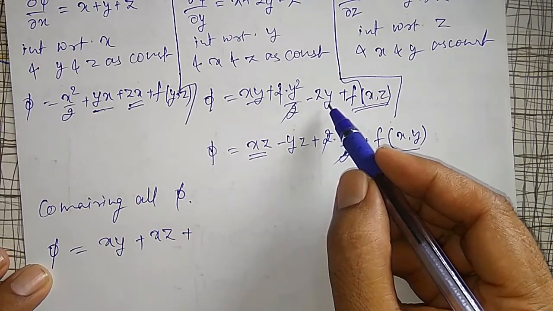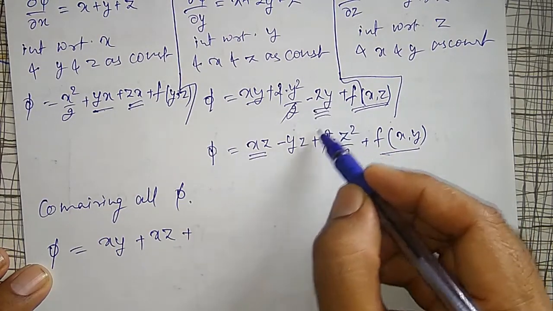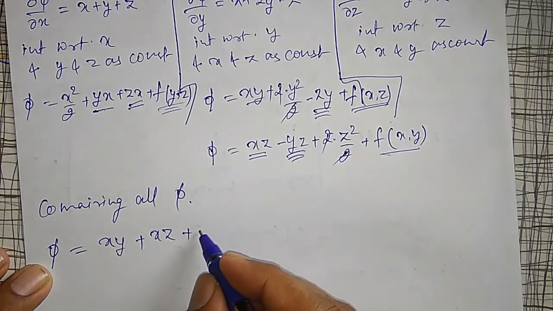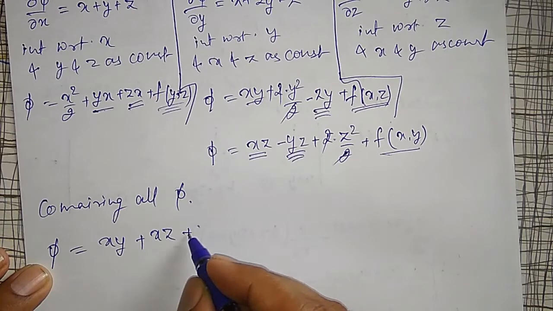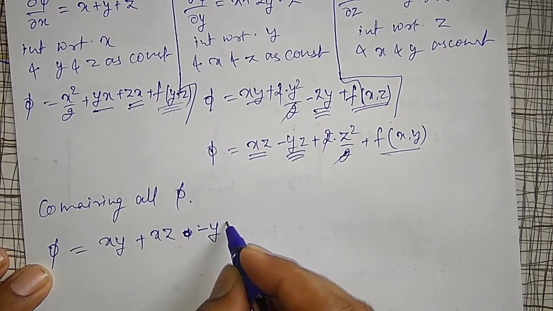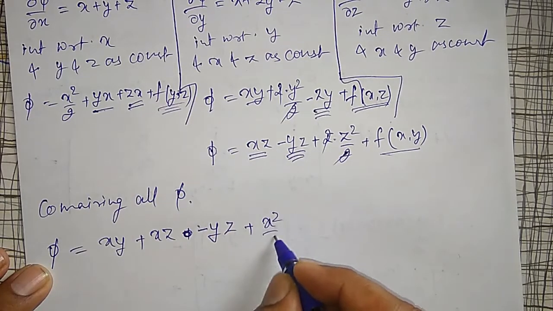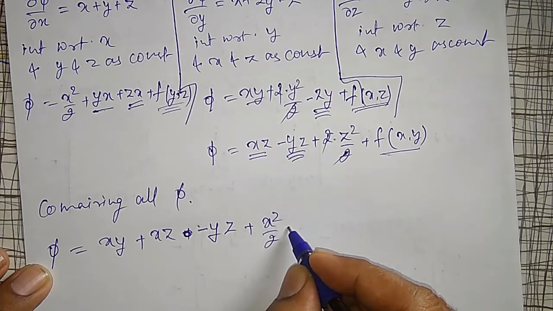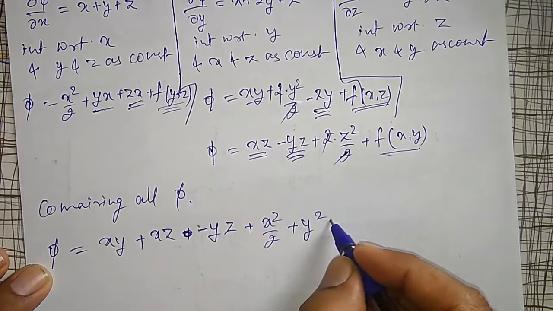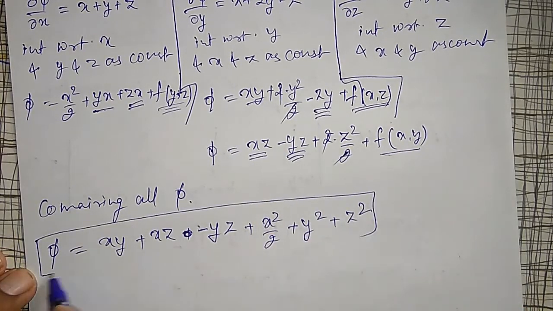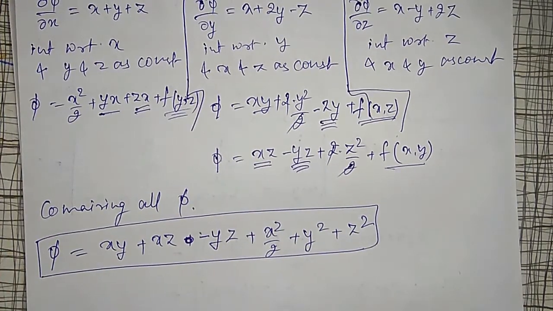Then minus yz is present here, and it is present in the function too, so minus yz. These are the common things. The terms which are not common, I will also write: x square by 2 plus y square plus z square are also my required function. Therefore, this is the scalar potential for the given function.